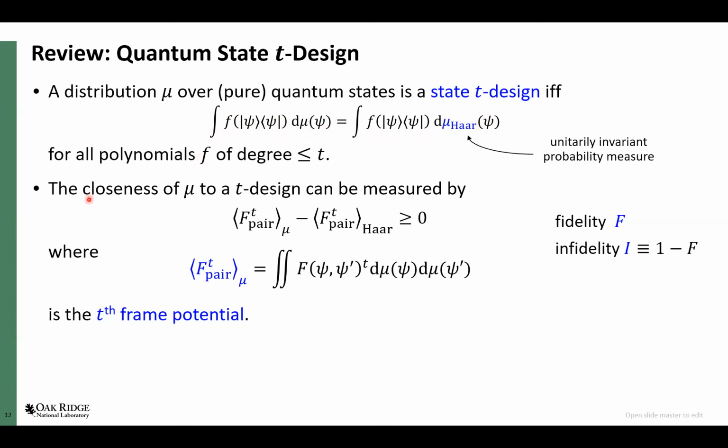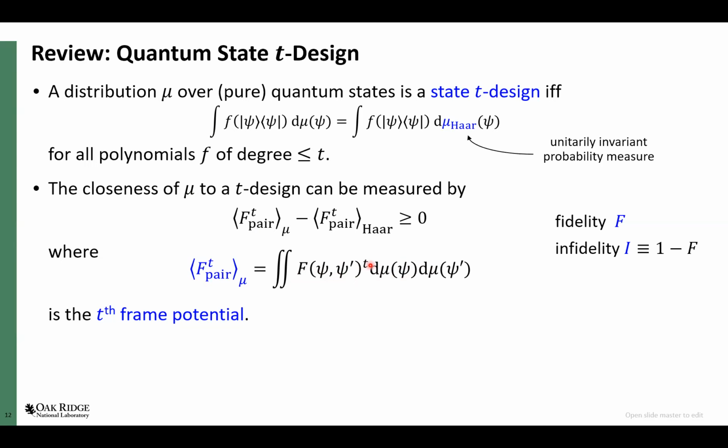And you can measure the closeness of a distribution or a measure through these things called frame potentials. These are integrals. It turns out that these integrals work out to be something that I call the pairwise fidelity, which is: you pick two states at random, compute their fidelity, and raise that to the power of t.